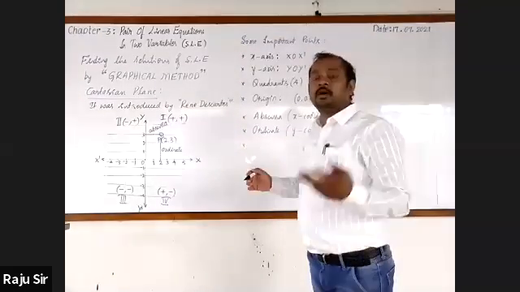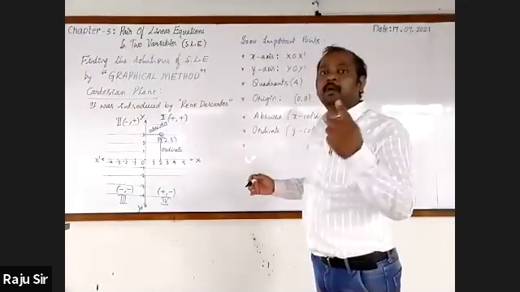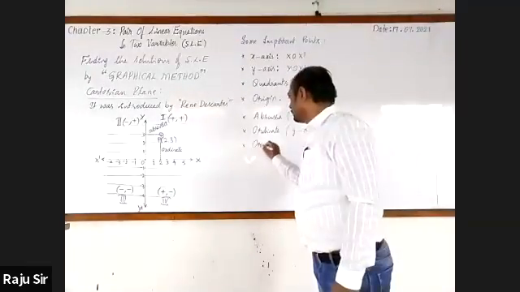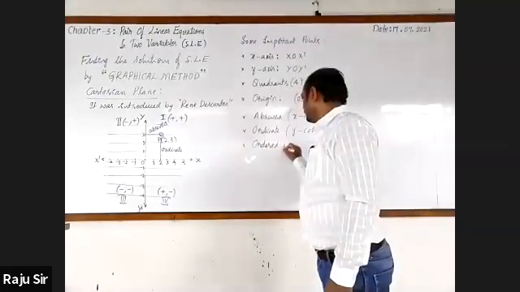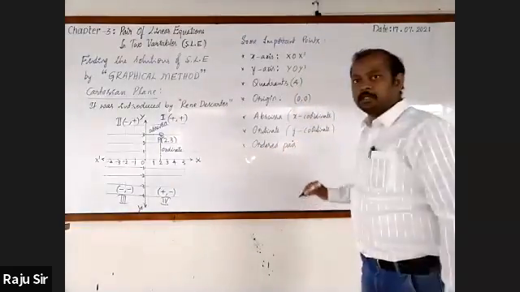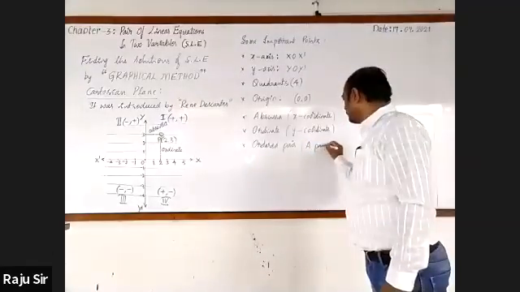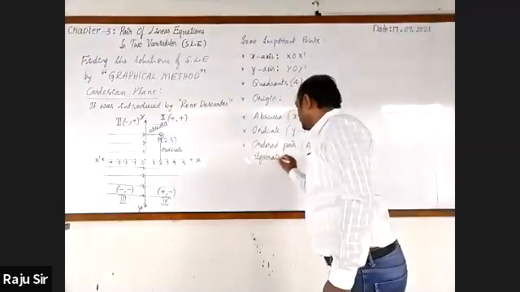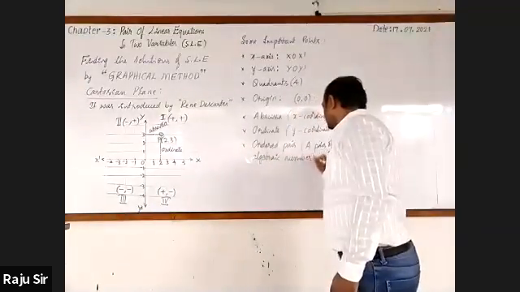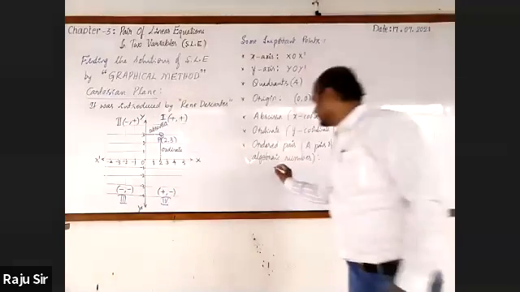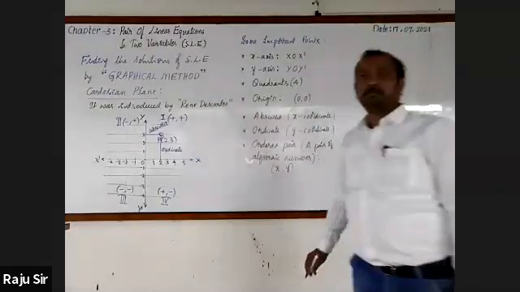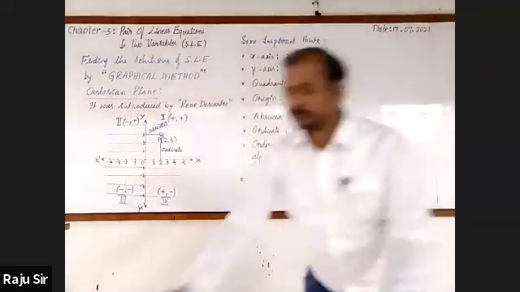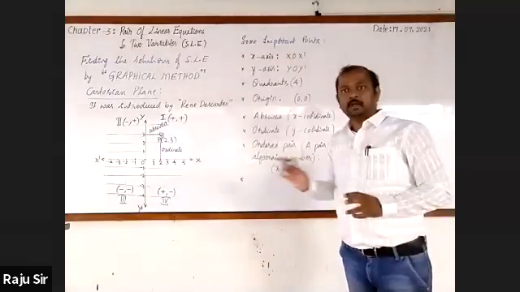This is known as an ordered pair, nothing but a pair of algebraic numbers, taken as x, comma y. Next, one more. Written up?